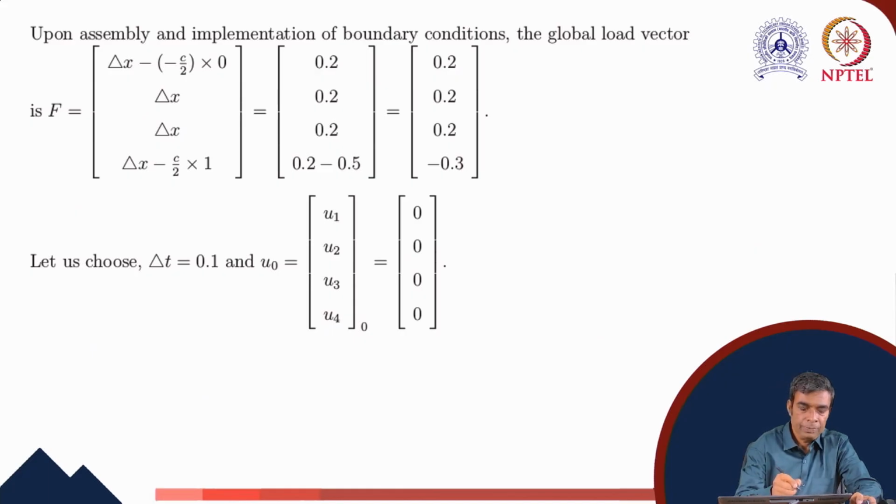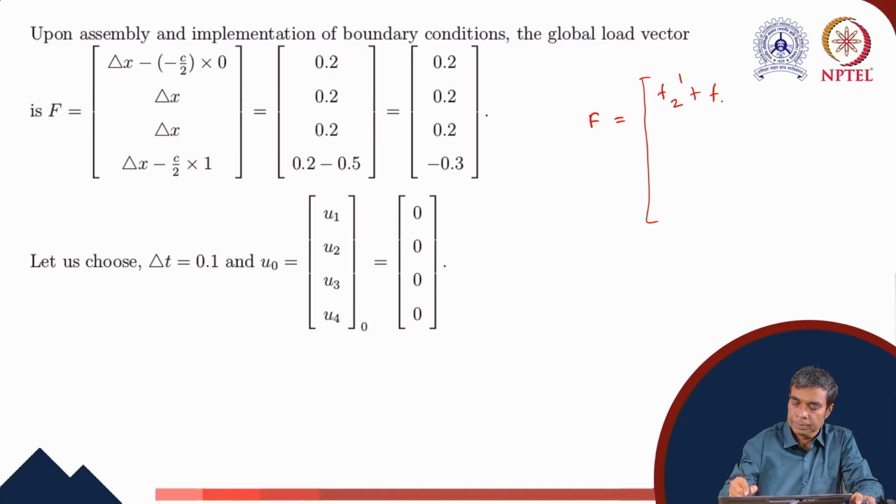Now here we have shown the assembled matrix, the load vector capital F. This is obtained after implementing the essential boundary conditions. So we have obtained this capital F equals to F21 plus F12 minus C211 U11.